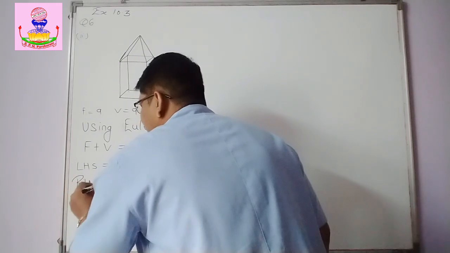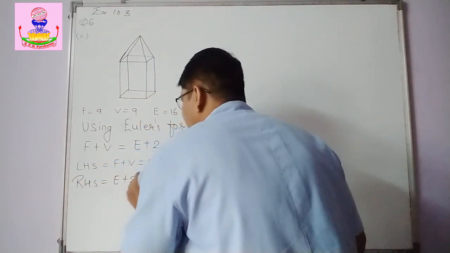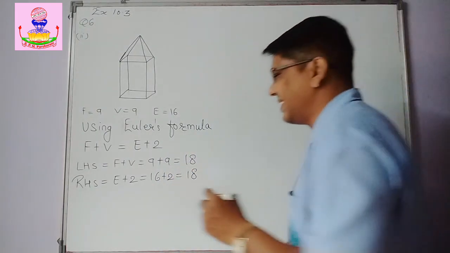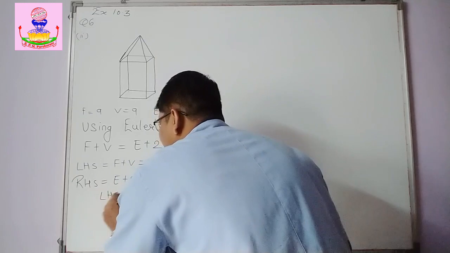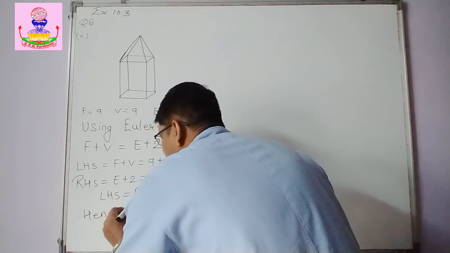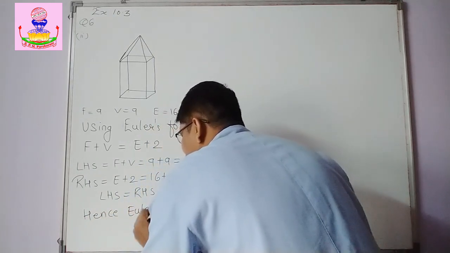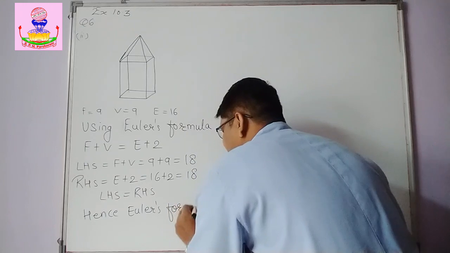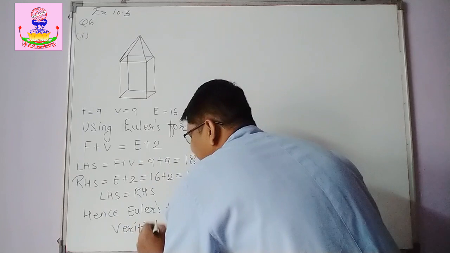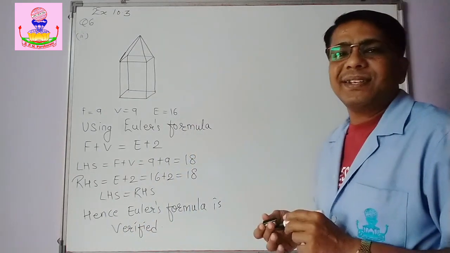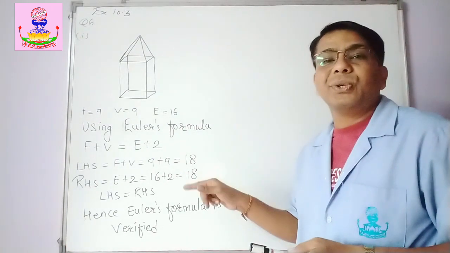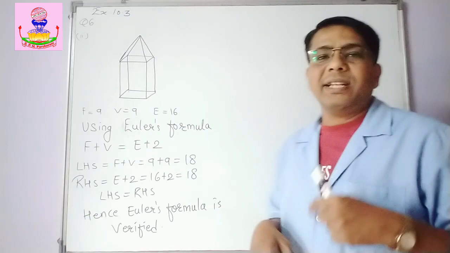And RHS, what is RHS? E plus 2. That is 16 plus 2, that is 18. So what do you get? Oh yes, LHS is equal to RHS. Hence, Euler's formula is verified, right? Do you understand? Hence Euler's formula is verified. The first one you are supposed to do in the same way.